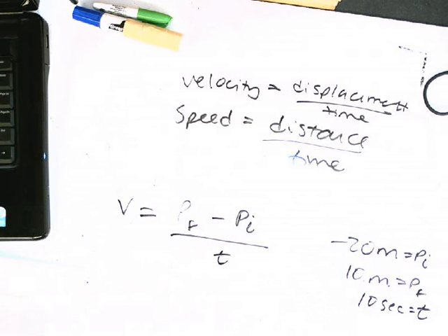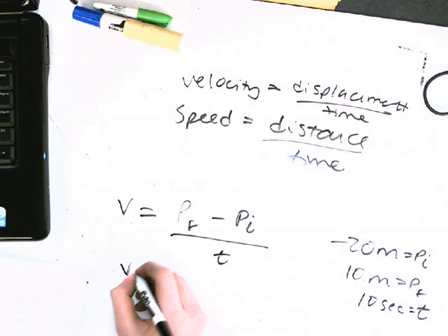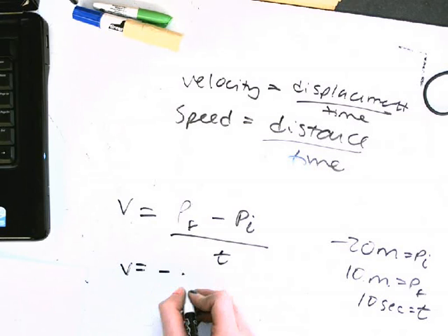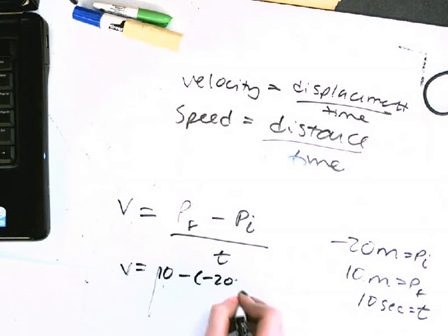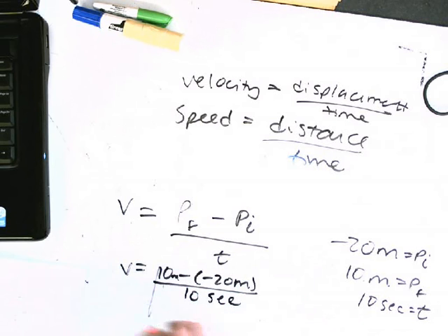So, your velocity would equal 10 minus negative 20 meters, 30 meters, over 10 seconds, which equals 3 meters per second.